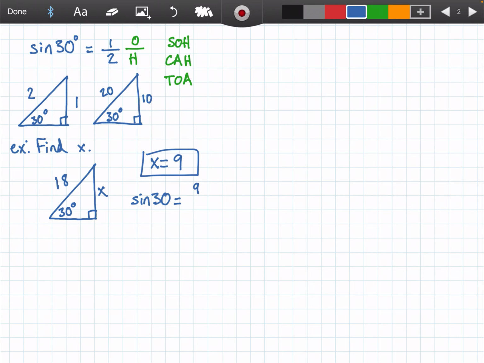And so, 9 over 18, which gives us x equals 9, since 9 over 18 reduces to 1/2. So using sine of 30 was really helpful there.